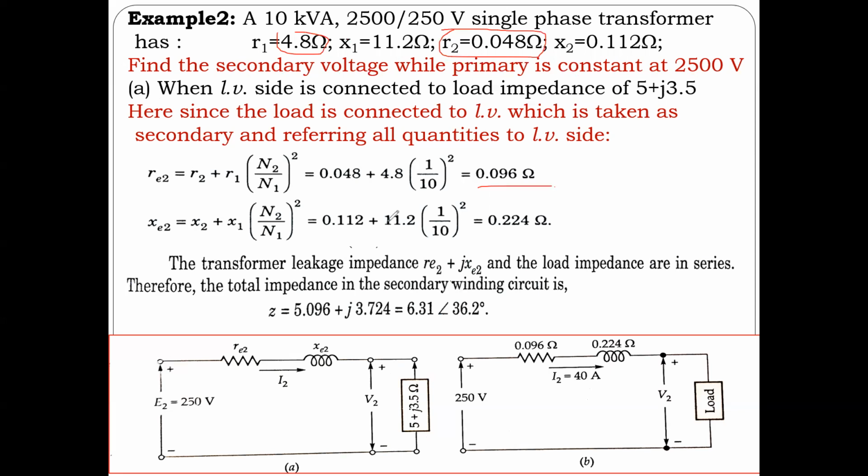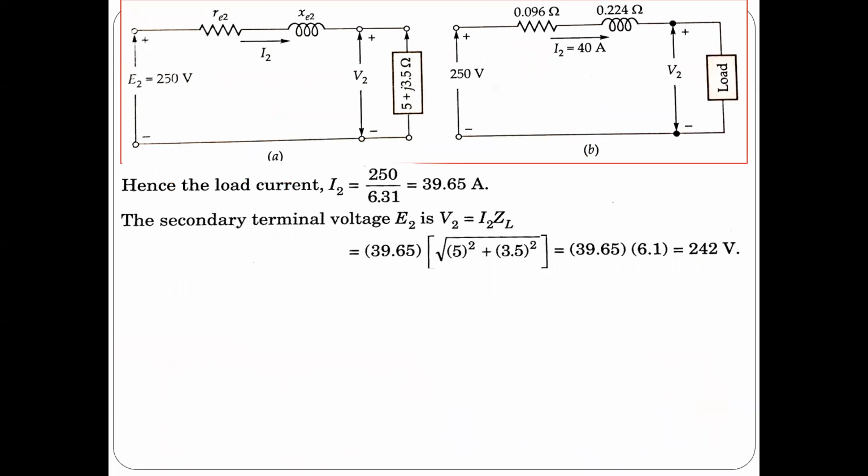Similarly is the case with the reactances. 0.112 and 0.112 will become 0.224. We know the impedance, and then all you need to do is divide the voltage by the impedance to get the current.